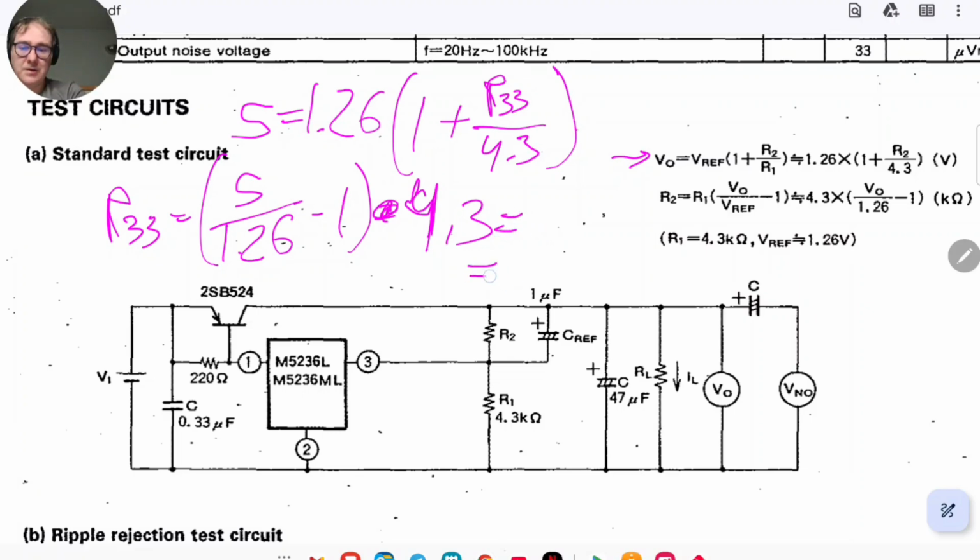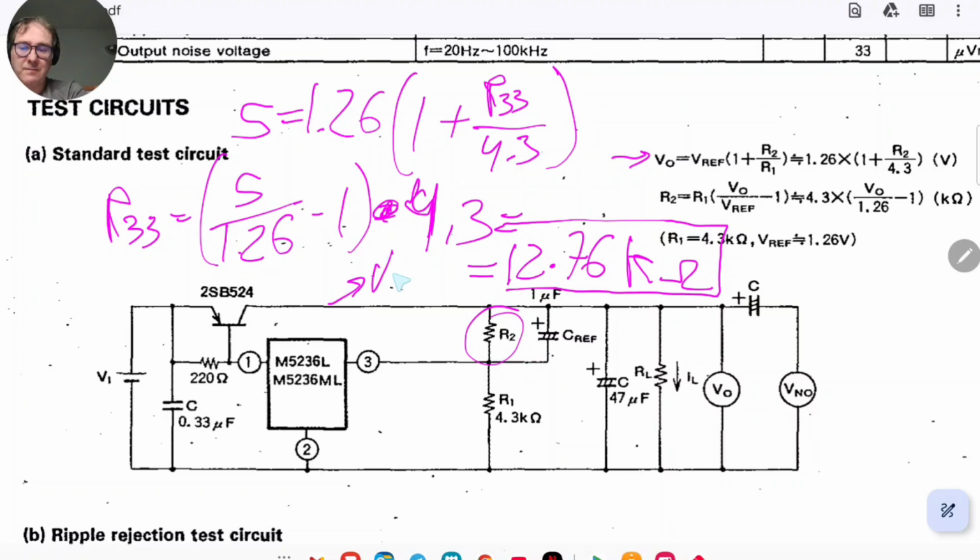If I do this, it equals 12.76 kilo ohms. This should be the value of the resistor that I need to put in here in order to have VO equals 5 volts.